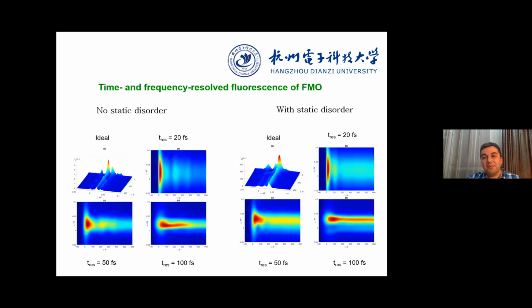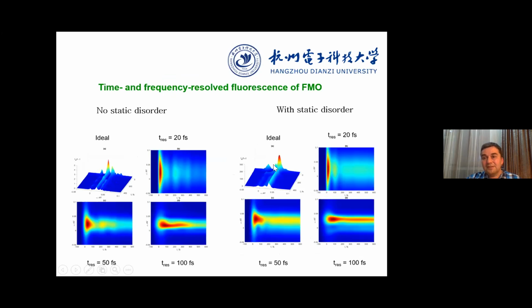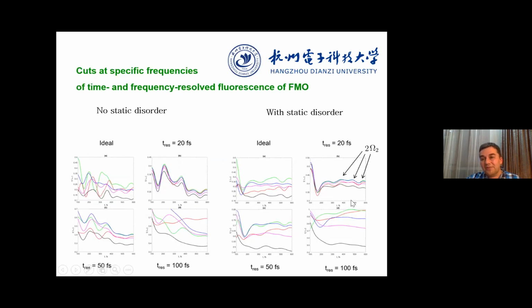I just remind you that we have two vibrational frequencies, and the oscillations correspond to the second overtone of this omega 2. So the oscillations are twice faster than oscillations which are caused by this original vibrational frequency.